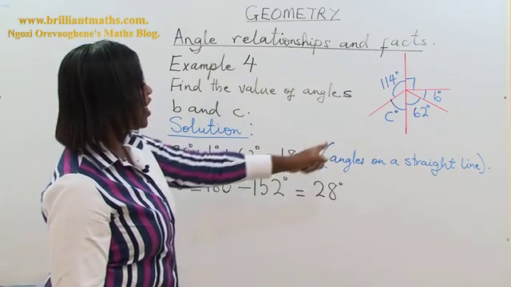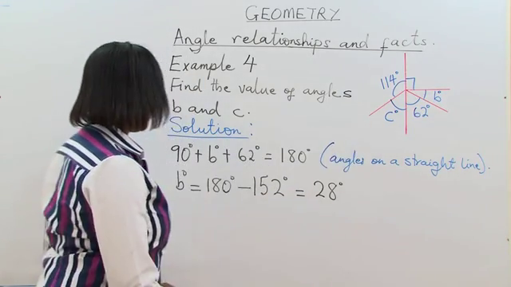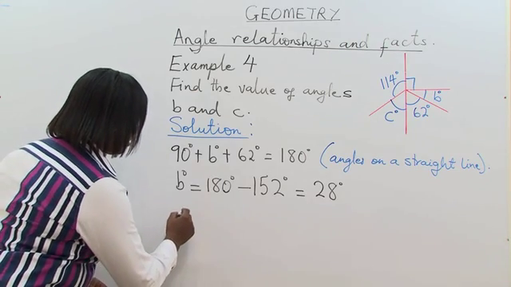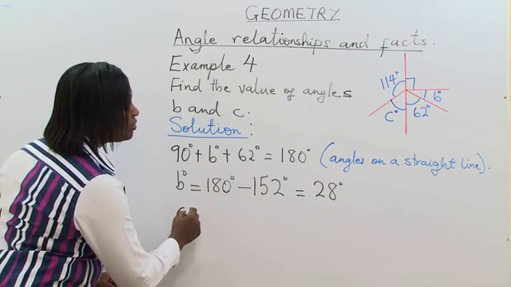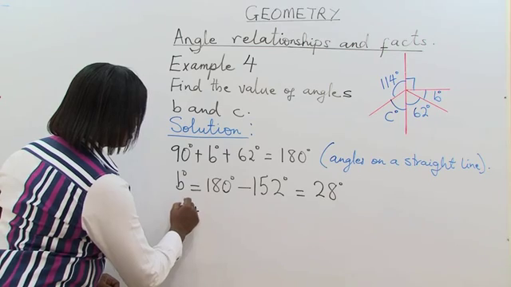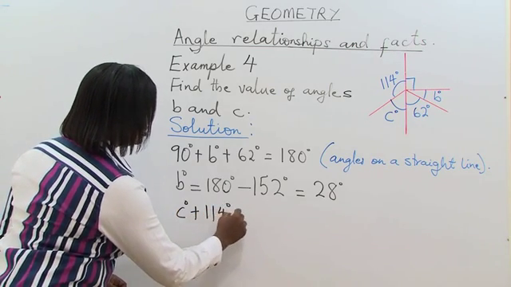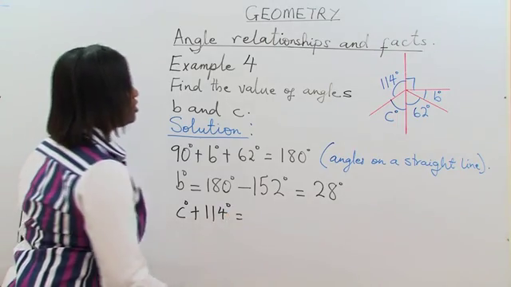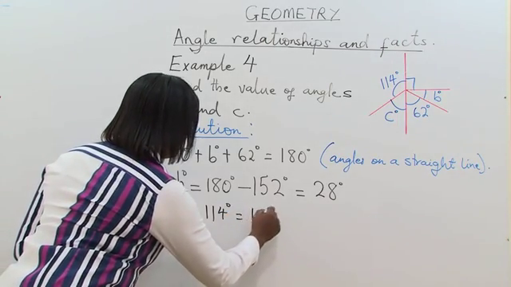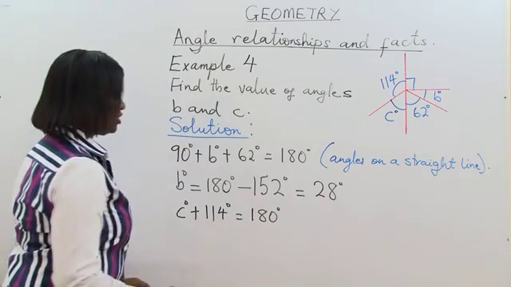Next, we need to find the value of angle C. C plus 114 degrees is equal to 180 degrees.